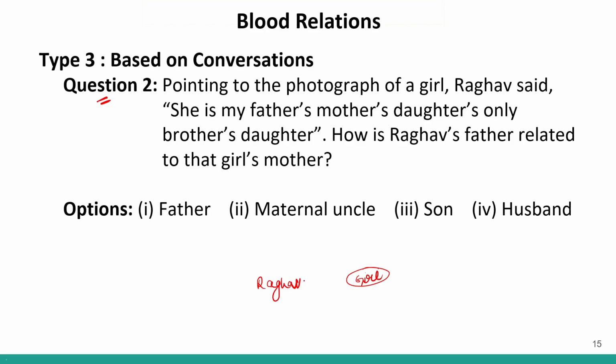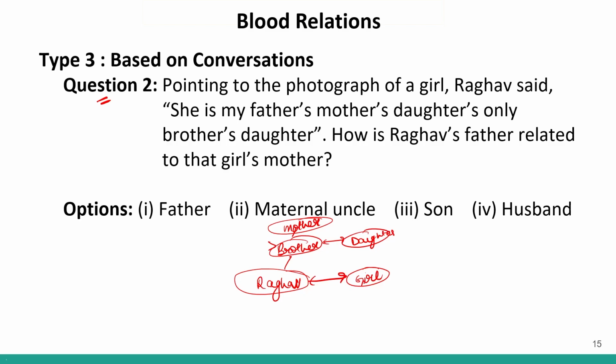The girl is Raghav's father's mother, so Raghav's grandmother's daughters, so siblings. Only brother will be Raghav's father, and she is the daughter of this brother.